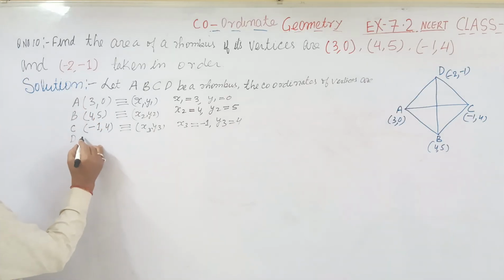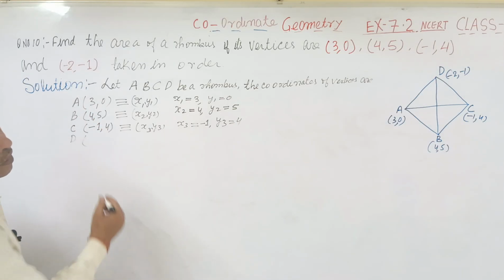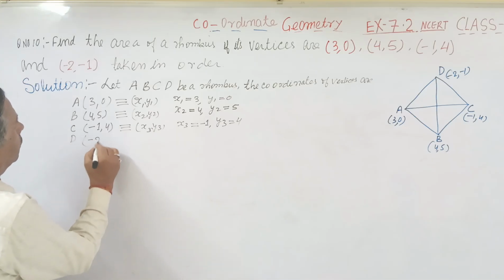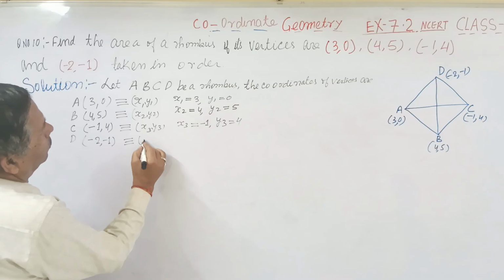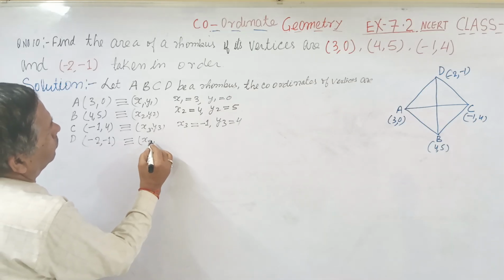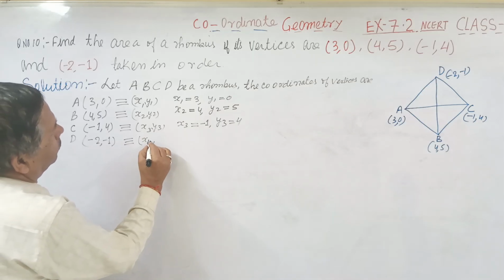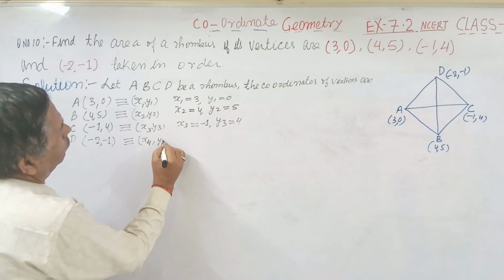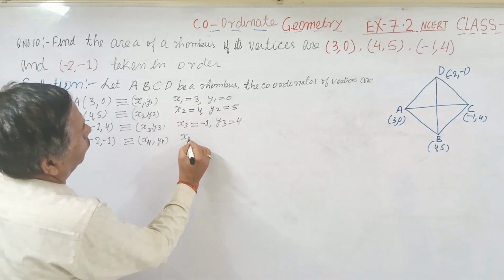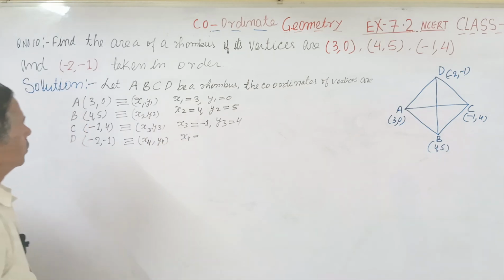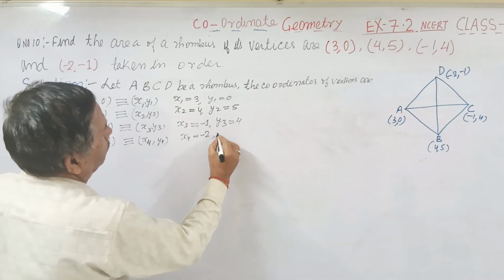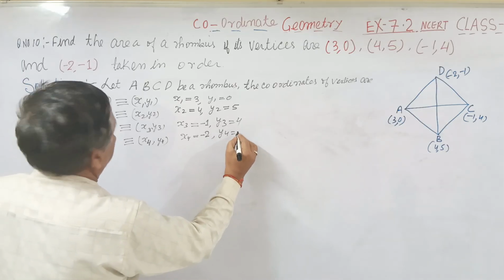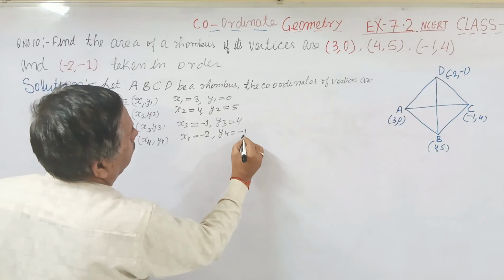Then vertex D is (-2, -1), that is (x4, y4), which means x4 equals -2 and y4 equals -1.